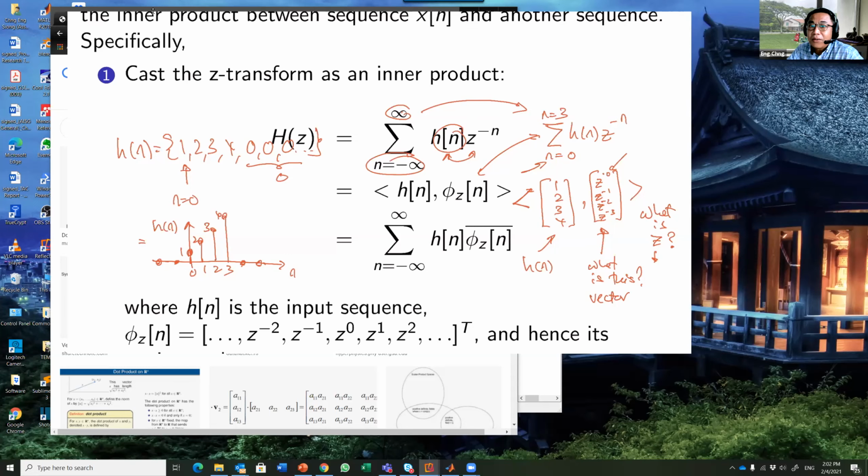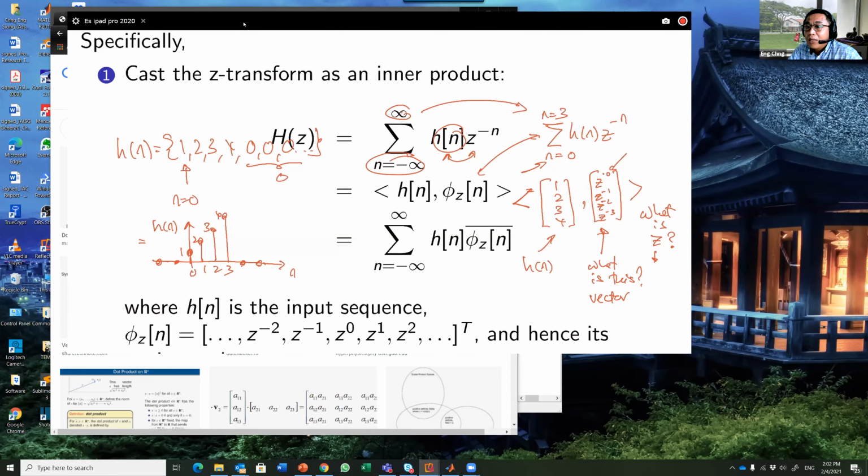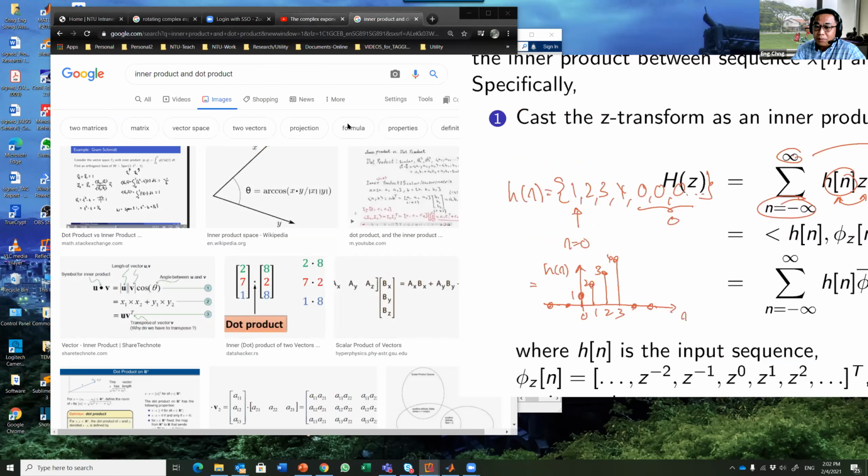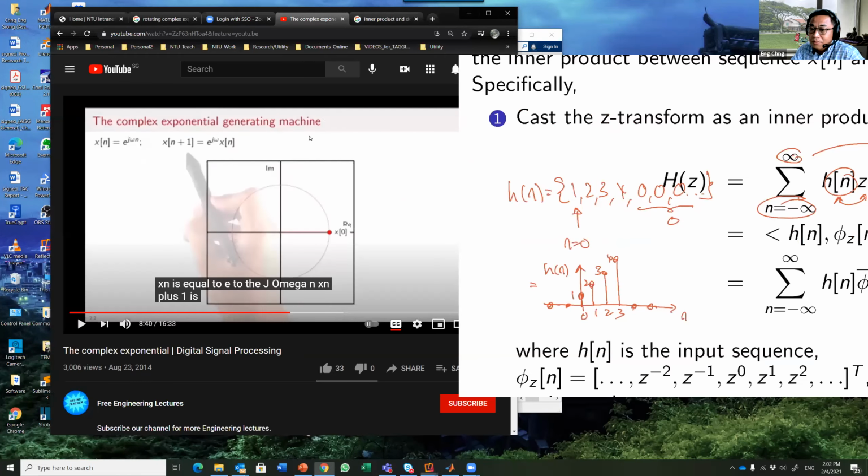Okay, now let's turn our attention to our friend, the complex exponential. e to the j omega n is a complex number. The complex number e to the j omega n has absolute value of 1 and angle of omega.